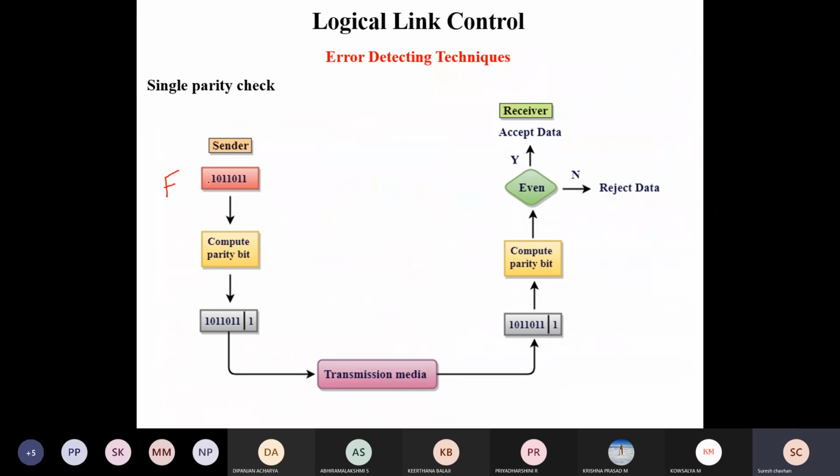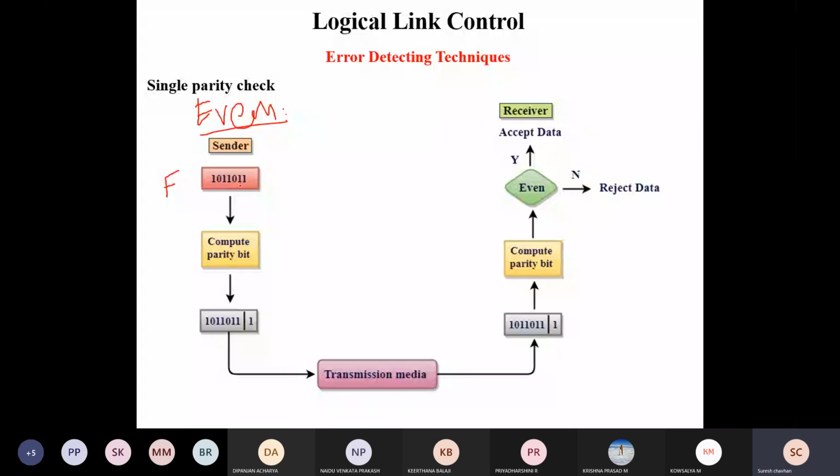Suppose we are sending, this is the even parity check, right? I have not written it, but you can see here even is there, so that's why this is the even parity check. So how to use the even parity check? In this data, ones are 5 and zeros are 2, right?